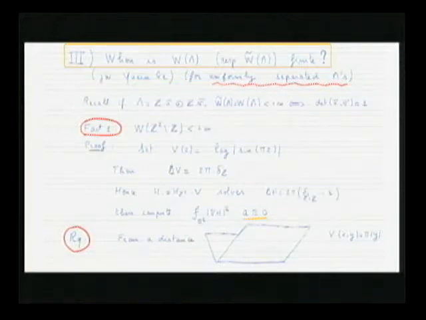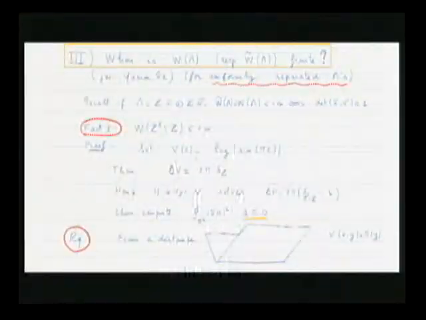This is a relatively basic question, but why not ask it anyway? We already know it's finite for periodic lattices, which have density 1. So we wanted to know other cases, like can we characterize lambdas for which this is finite?